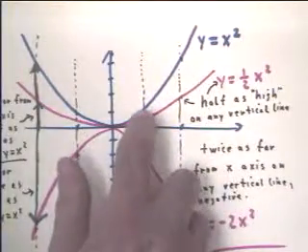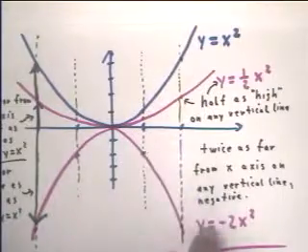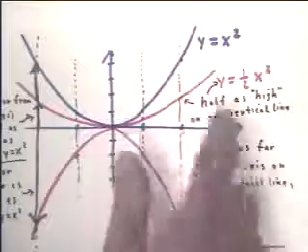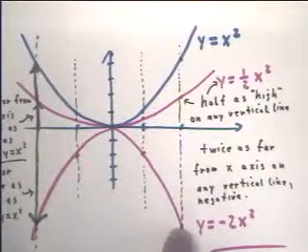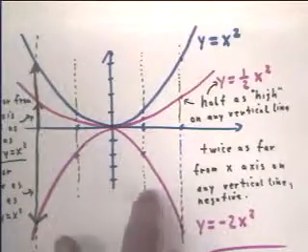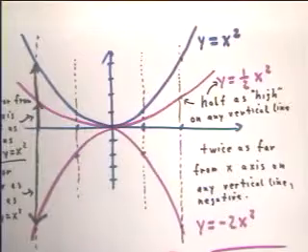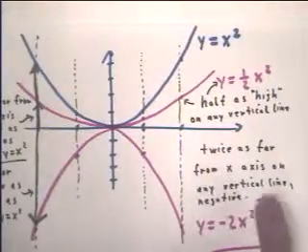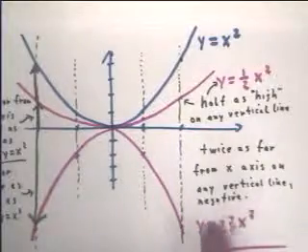So if x is 1, when we multiply by -2, we're going to get -2. If x is 4, we multiply by -2, we get -8. So what happens is every point on this graph is twice as far from the x-axis as the points on the basic y equals x squared graph, but in the negative direction. So twice as far from the x-axis on any vertical line and negative.